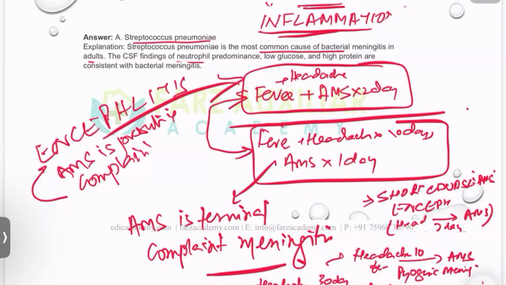Okay, I ask you still a longer one. Headache and fever, 6 months, altered mental status. What is the diagnosis? Tubercular meningitis. Or the patient may have Lyme's disease.